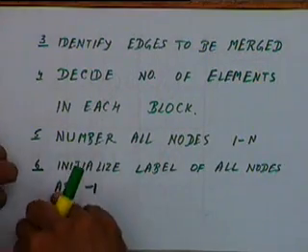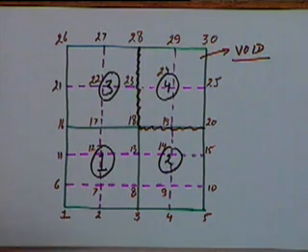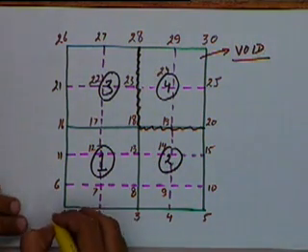So for each of these nodes we will give it a label, and that label is, let us say, -1 for each of them.